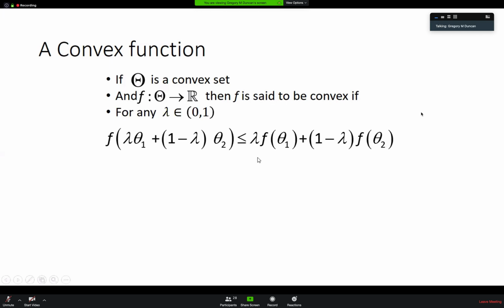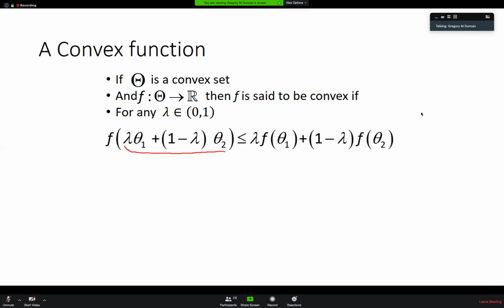Okay, and I'll give an illustration of this later on. But here I have the average of theta 1 and theta 2.